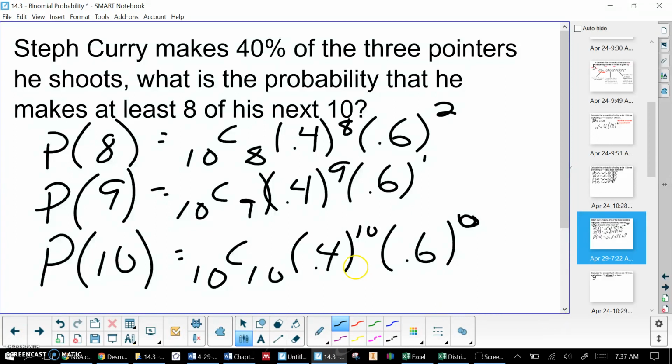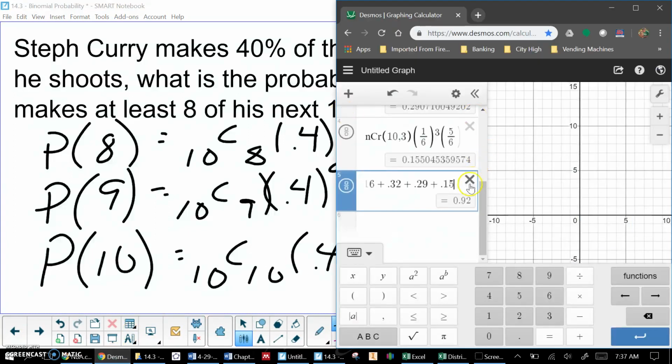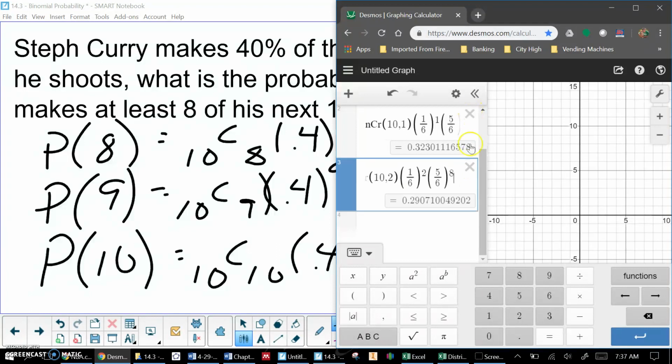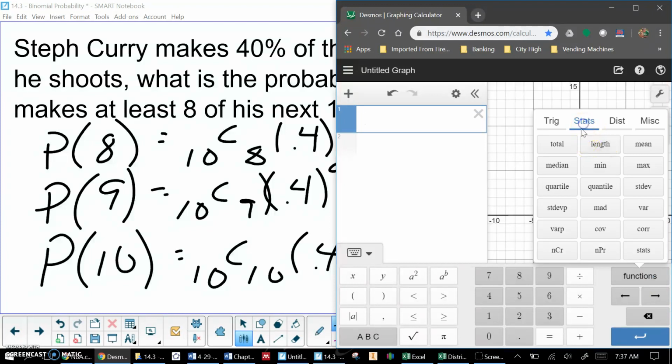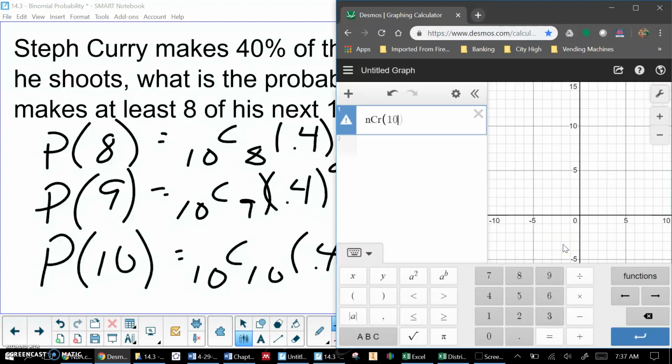So let's go ahead and put these into our calculator here. Go ahead and clear these out. And so again, start out with 10 choose 8 times 0.4 to the 8th times 0.6 squared.